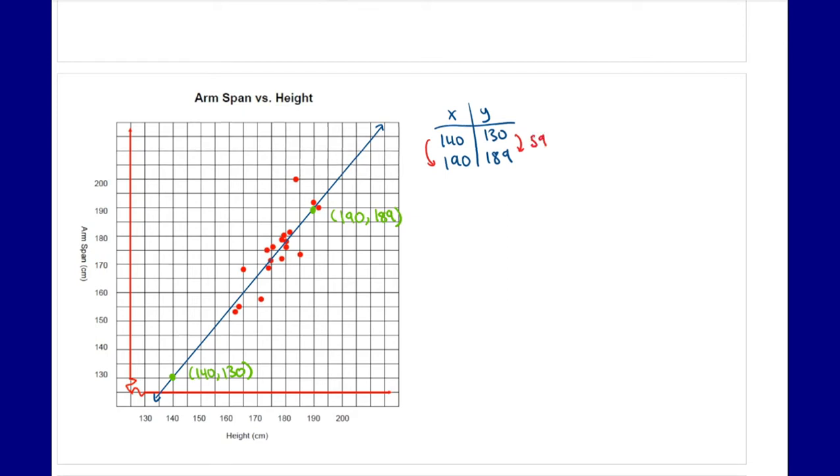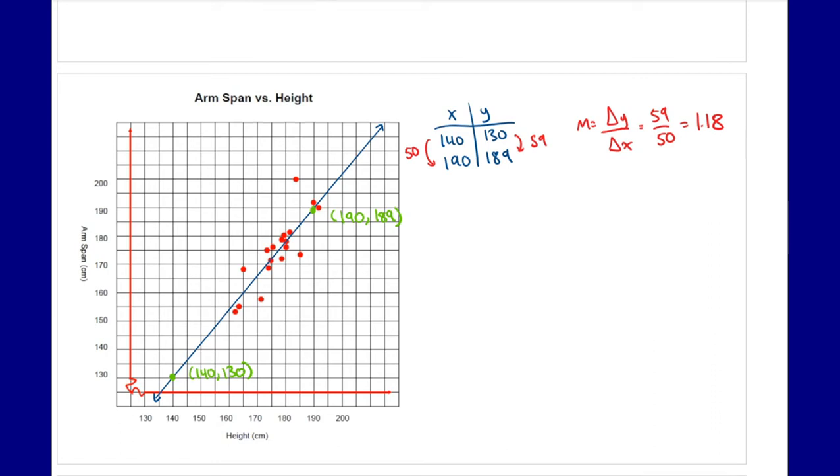And from 140 to 190, that's 50. So then my slope, which is equal to the change in y over change in x, is equal to 59 over 50, which gives me 1.18. So that means my slope is 1.18.